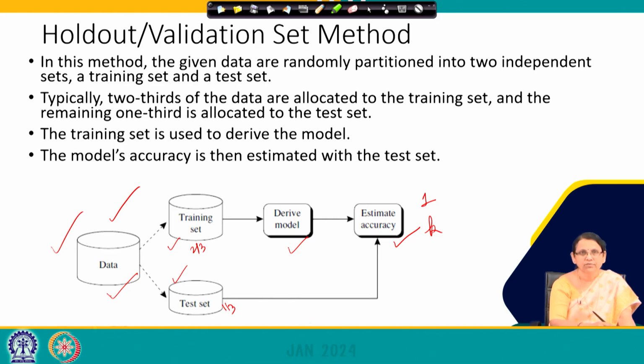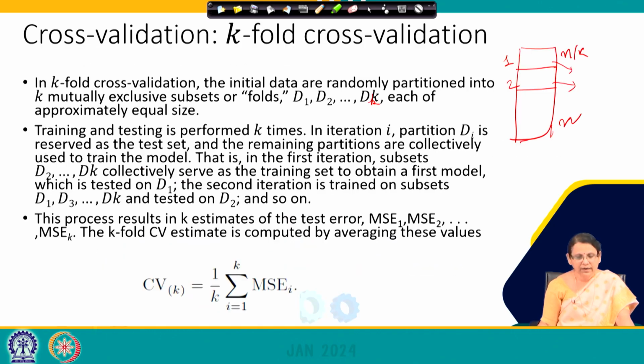In the case of k-fold cross validation, out of those k partitions, we will be using k minus 1 to train the model and another one to test it. So, in the first iteration, let us say we use D2 to Dk to train the model and D1 for test. So, this becomes my training set.